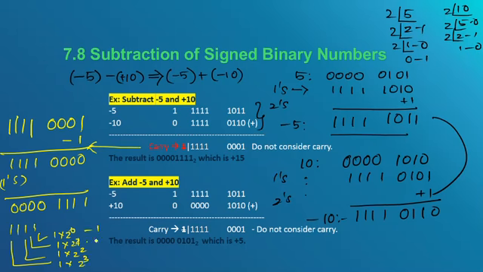That is 1, 2, 4, 8, which makes 15. So it is in 2's complement form, and the answer is minus 15.